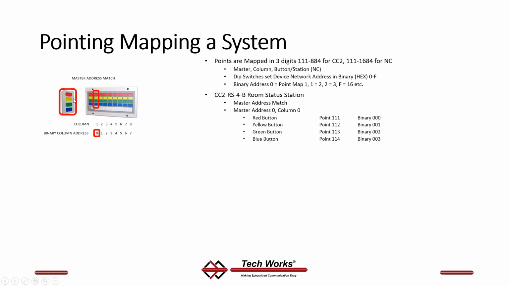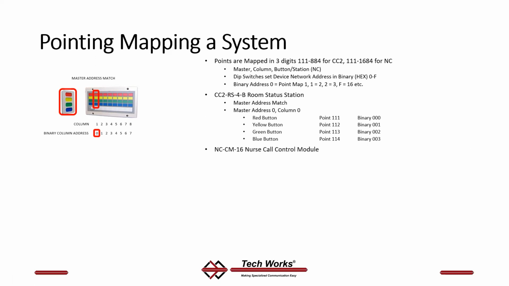Column 0 is all dip switches off. Now that automatically lands it right here so that your point ID, your address, remember, is 000. So all dip switches off. But your point, this top red, is 111, meaning first master, first column, first light.